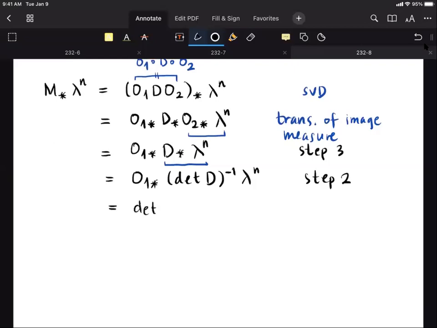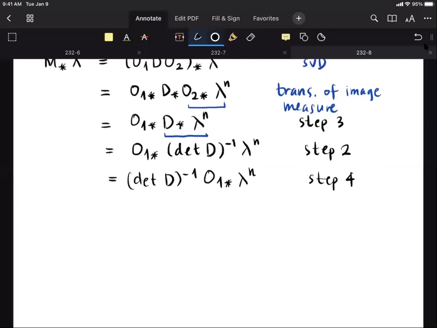Now you have a positive constant. You can pull that out in the image measure. And this is our step 4 last time. Again, invariance of the Lebesgue measure under orthogonal transformations. This is equal to lambda n. And this is again by step 3.